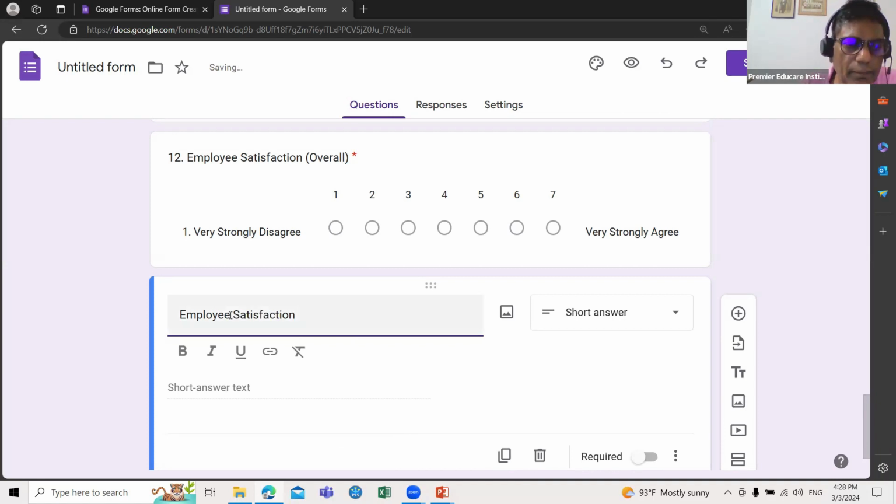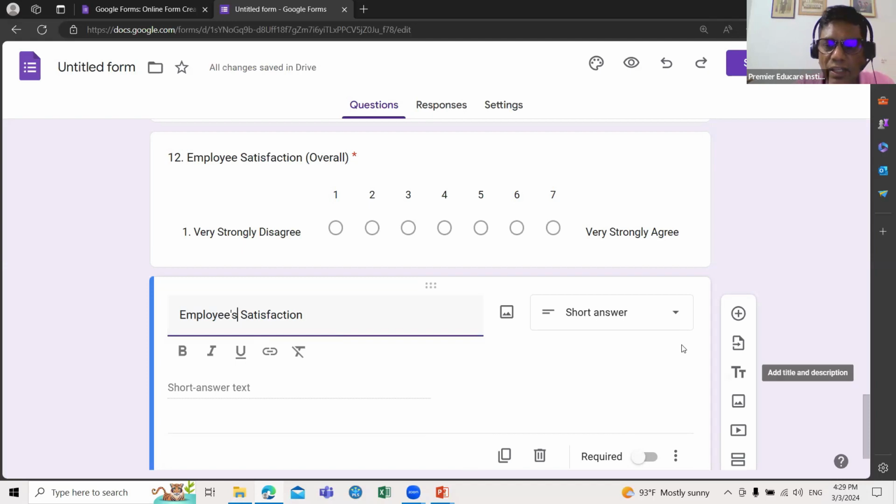In our case, employee satisfaction has 3 parts. What are the 3? Work, pay, and promotion, right? So sometimes you might have 1, 2, or all 3.